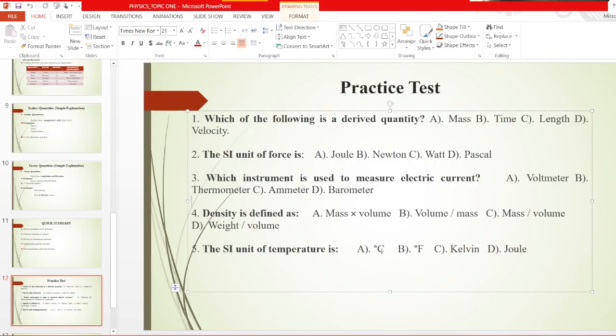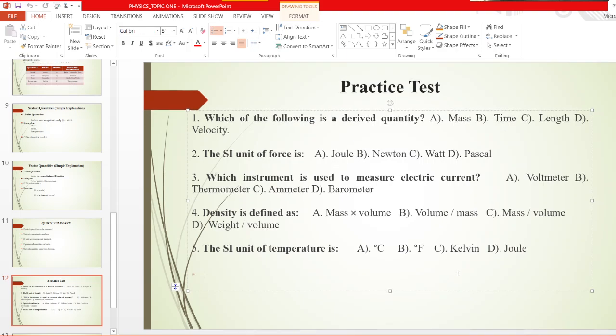We have Celsius, Fahrenheit, Kelvin, Joule. Remember that the SI unit for temperature is the international standard of measuring temperature all over the world. And the answer is what? Kelvin.